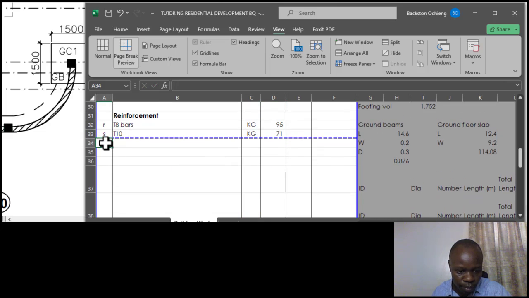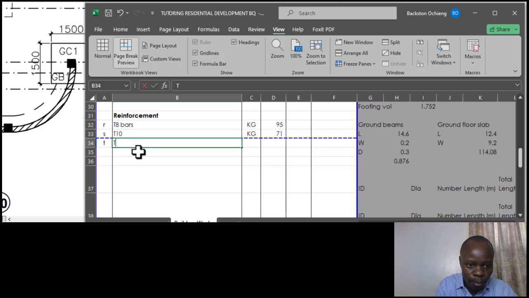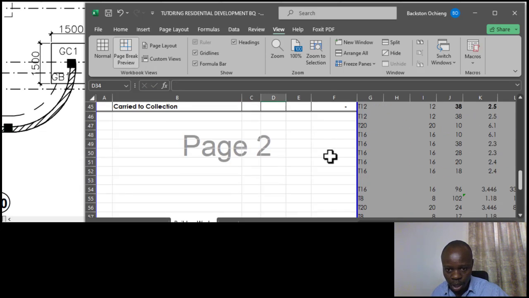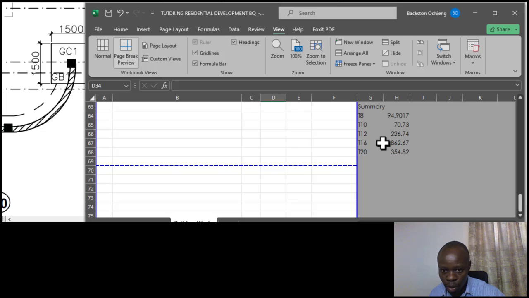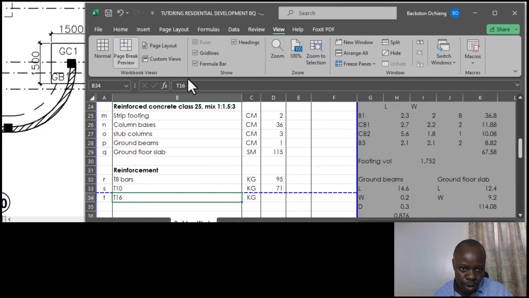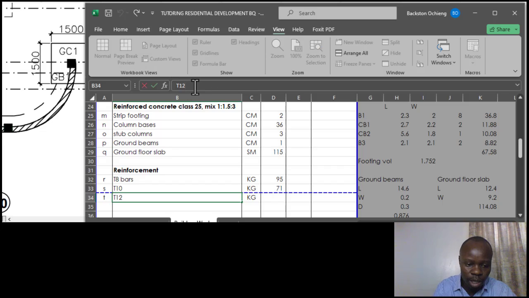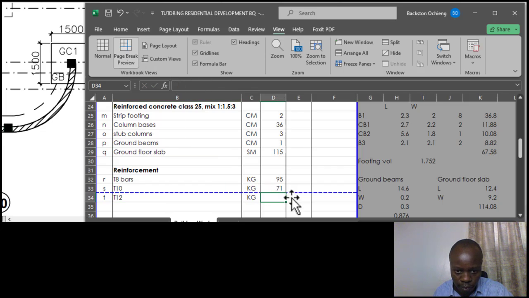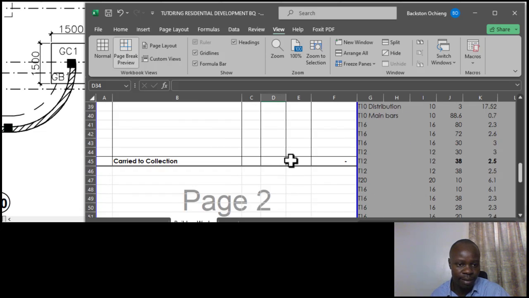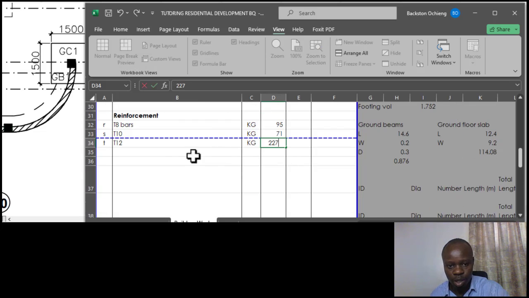Then you go to item T, so that is T16, also still in kg. And for the T16 the weight, actually I've skipped T12, I should keep to the orderliness. So T12, the weight is 227, right? 227.